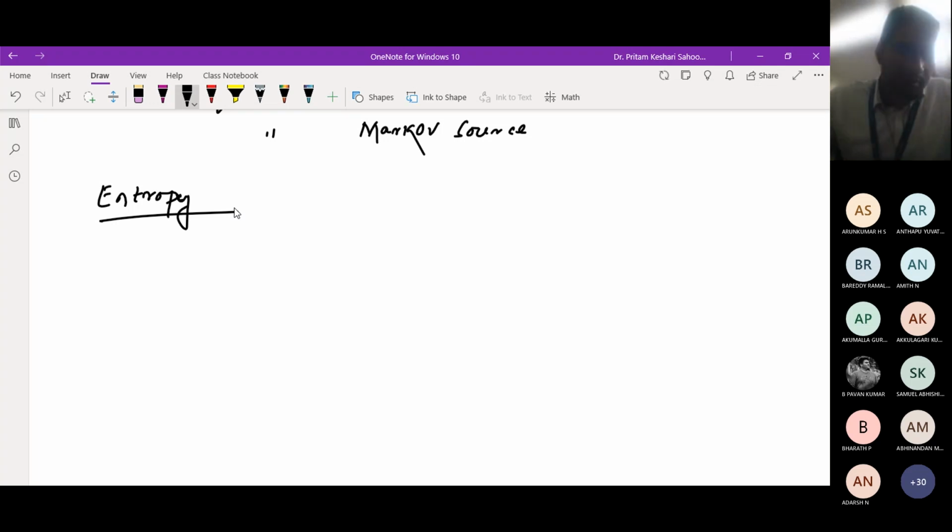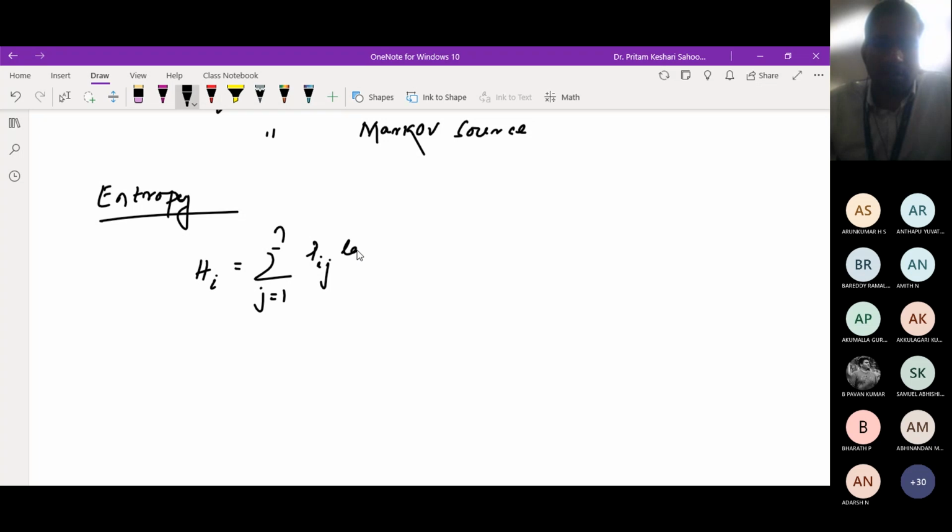So let us consider a parameter which is denoted by Hi, and here I will represent Hi is equal to summation of j is equal to 1 to n, p_ij log base 2 of 1 divided by p_ij.